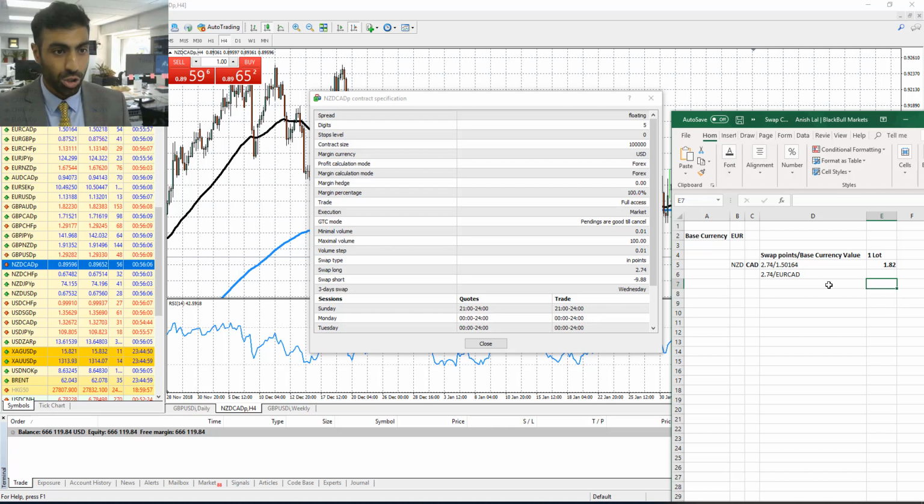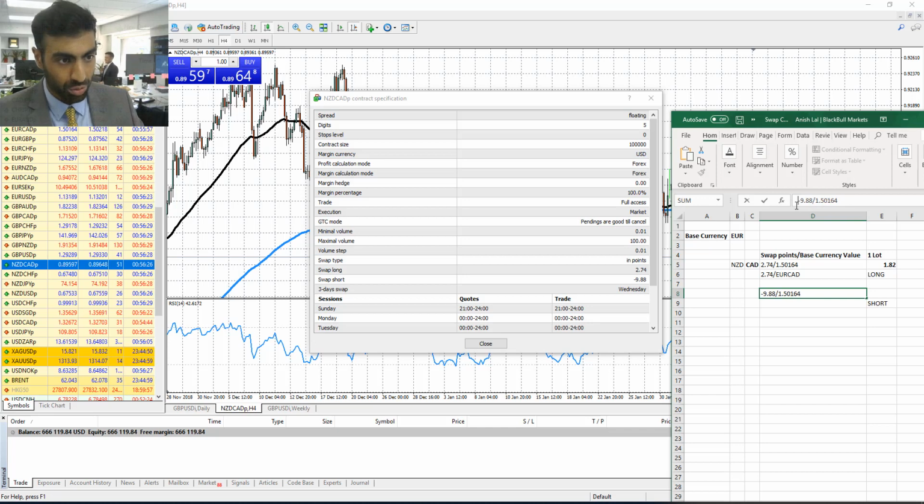Now for short positions, as an example, we have the value being minus 9.88. So let's work it out the same. Minus 9.88 divided by 1.50164.